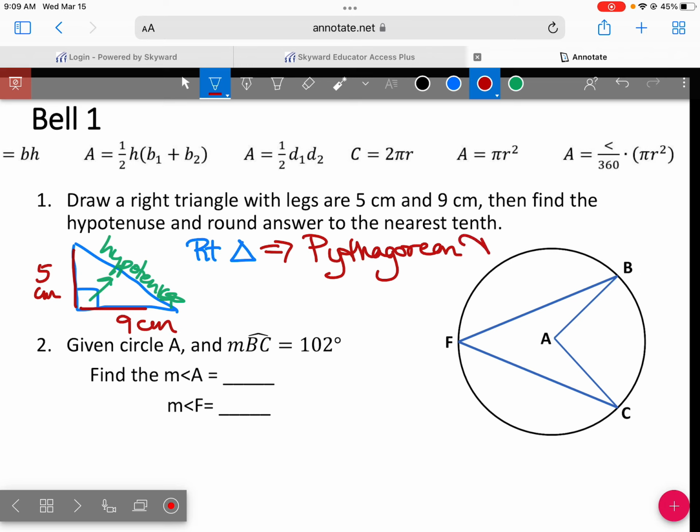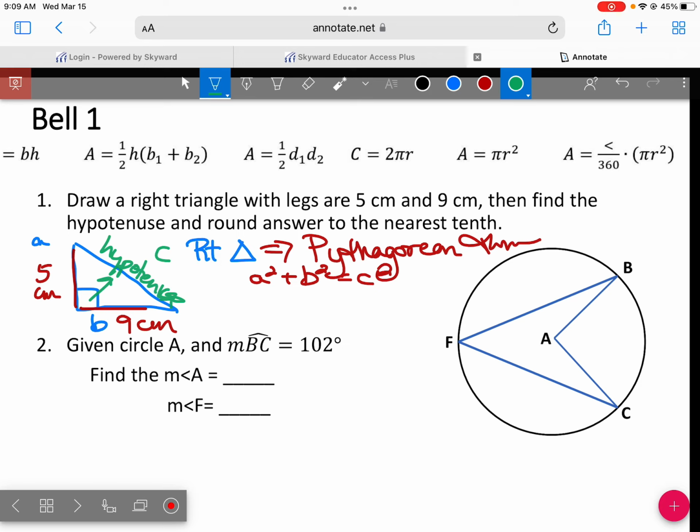So that is A squared plus B squared equals C squared, where A and B are going to be our legs, and C is going to be my hypotenuse, the longest side, okay?